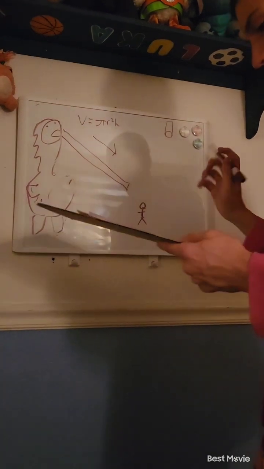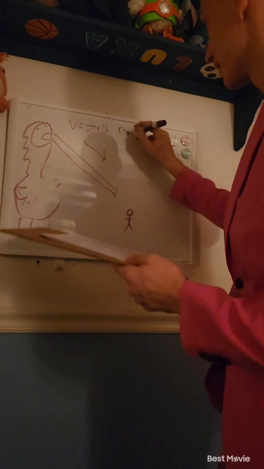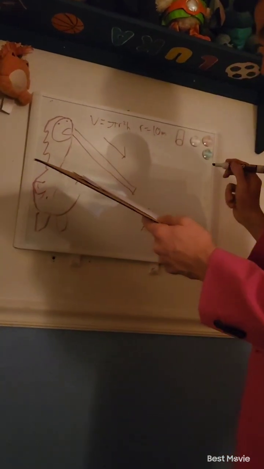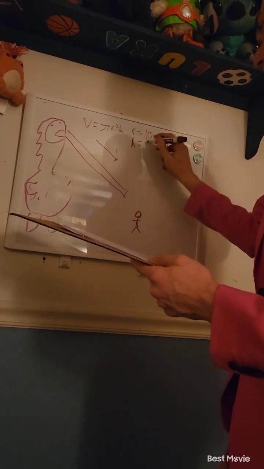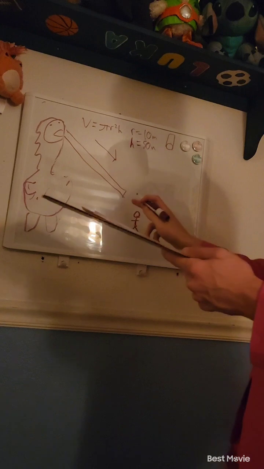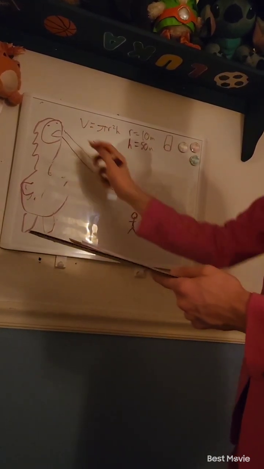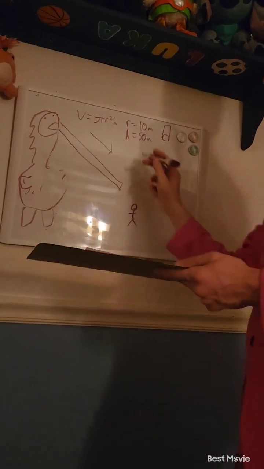So, we know some things though. We know that the radius is equal to 10 meters. We know that at the current moment in time, the distance of the laser, which tells the height of the laser, is 50 meters.